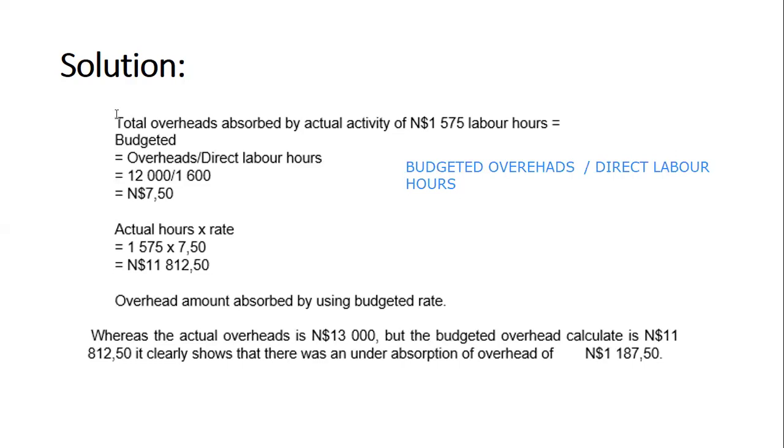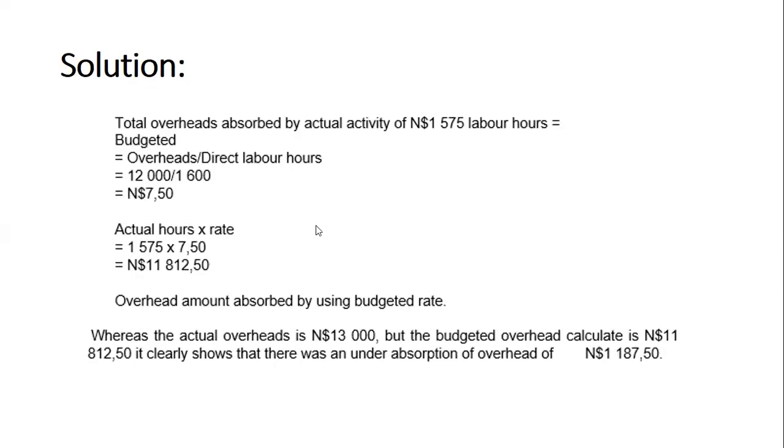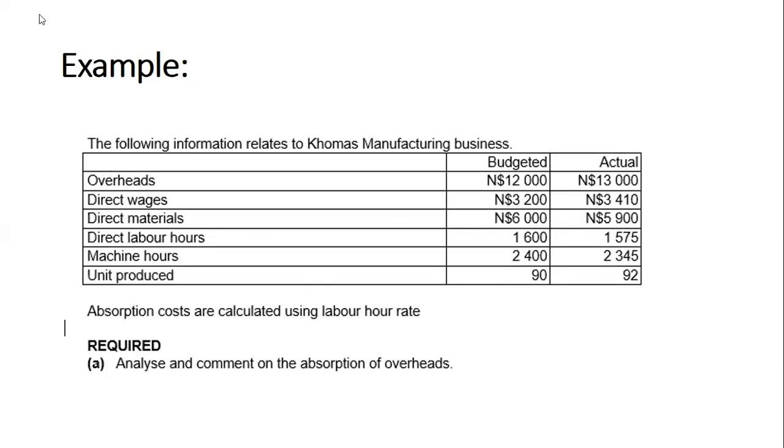Okay, so we take our budgeted overheads and then divide by direct labor hours. If you look at our overheads, the budgeted ones, 12,000, and direct labor hours, 1.6.